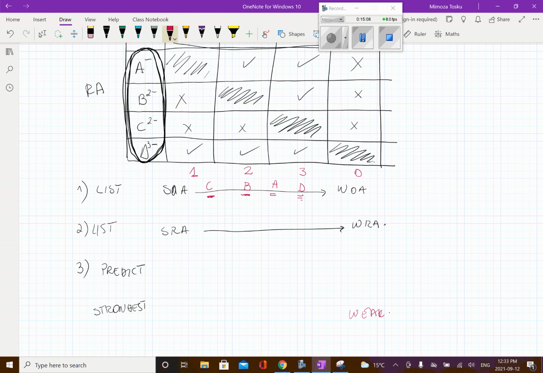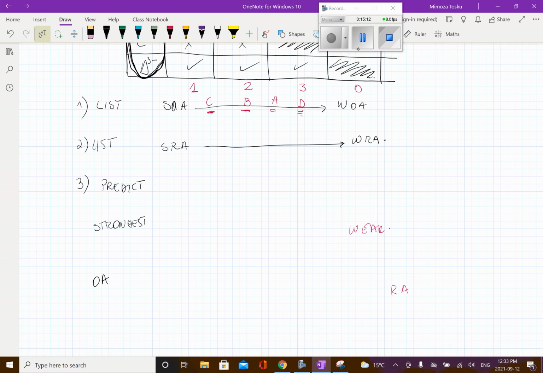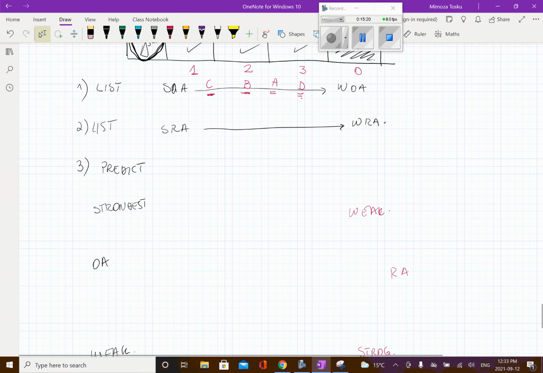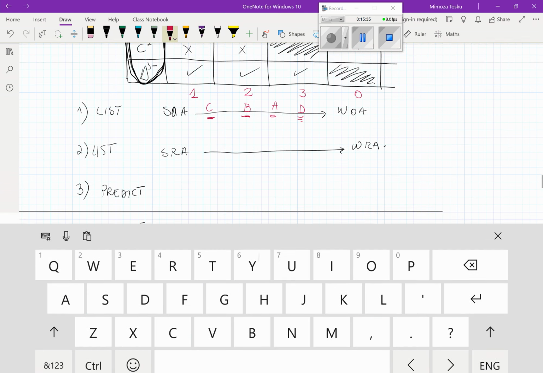Make sense? Excellent. So let's put this now into the table, which is similar to the table in our data booklet on page 7, from the strongest, which is C. So C will be here, and then B, and then A, and then the last one will be D, oxidation agent.